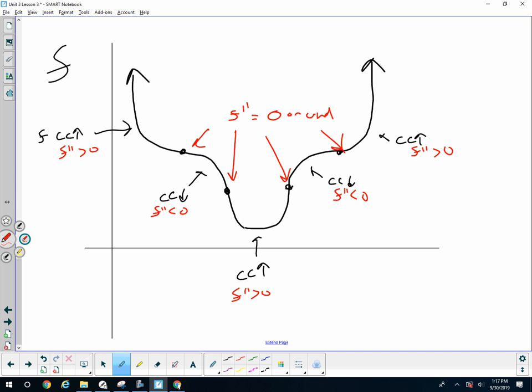That's how we switch from positives to negatives. Now these points are important points. We call these points of inflection for f, POIs for short.